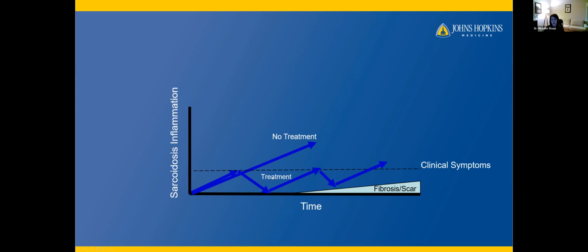If we allow this inflammation to continue, what will happen is that you'll develop scar or fibrosis. And that is the number one thing that in sarcoidosis we are trying to prevent, because we can't reverse scar. We can control or reduce inflammation, but we unfortunately are not able to reverse the scar.